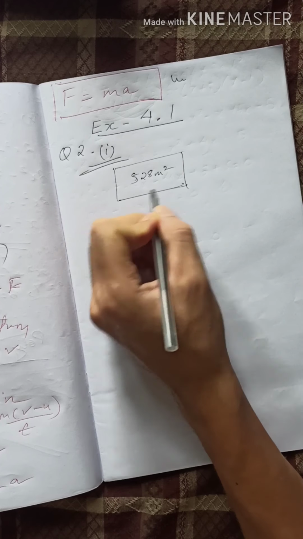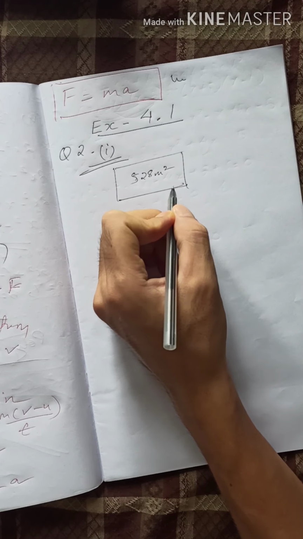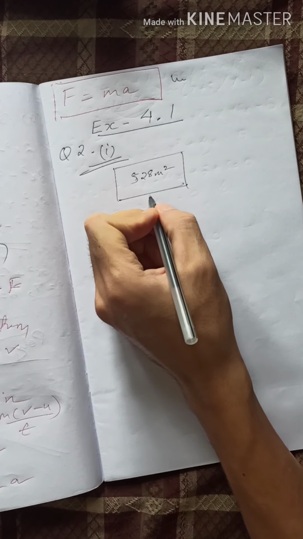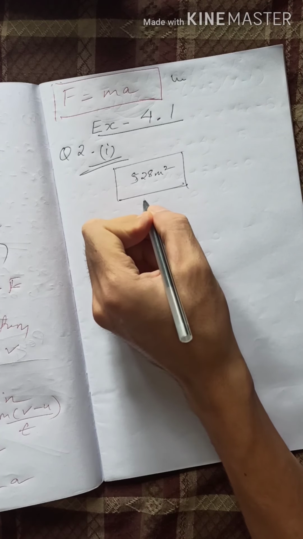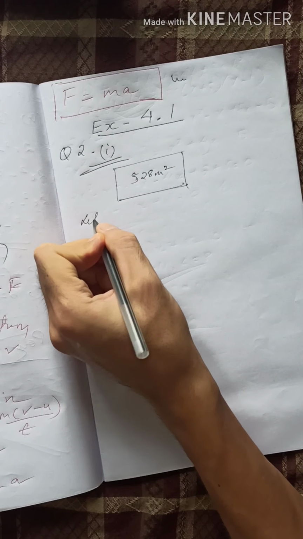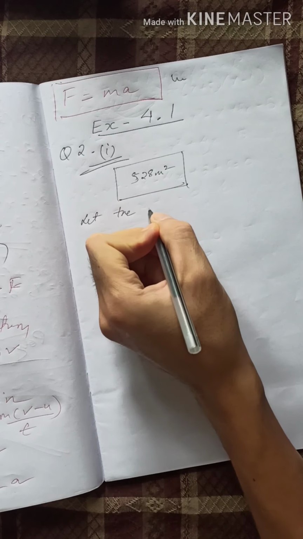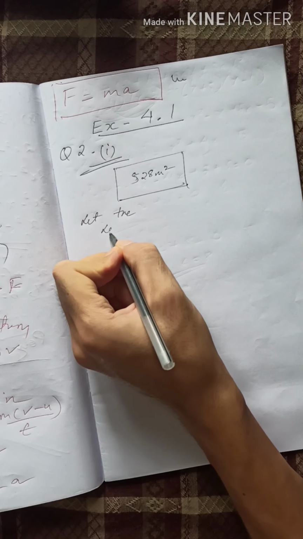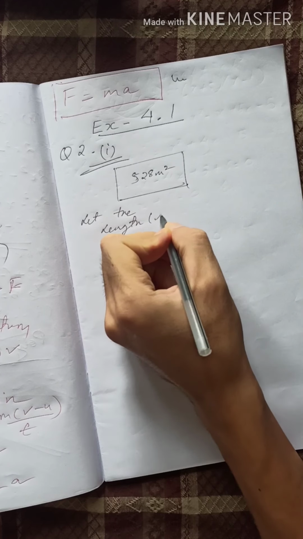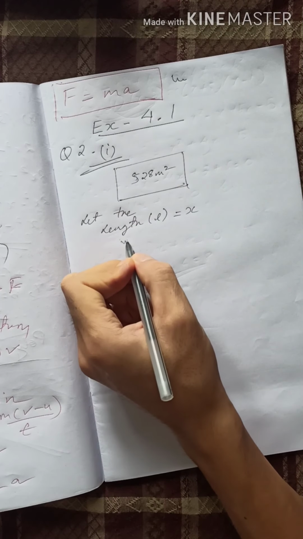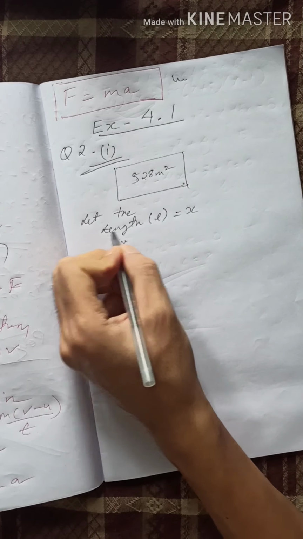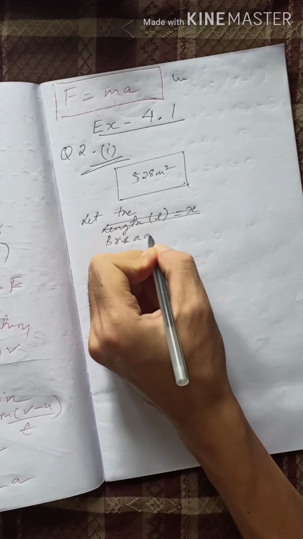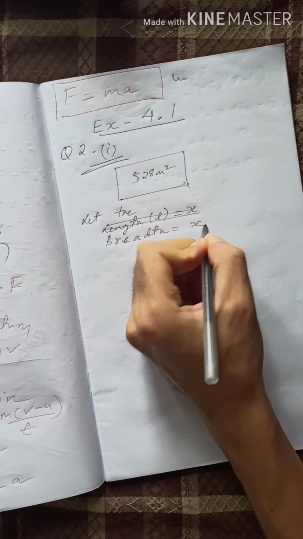Now the length of the plot in meters is 1 more than twice its breadth. So let the breadth be x.